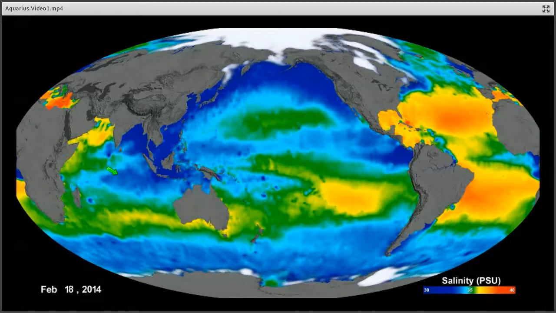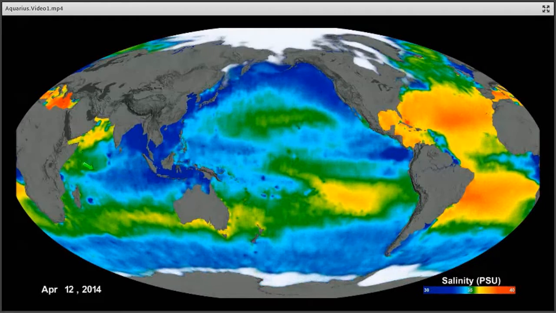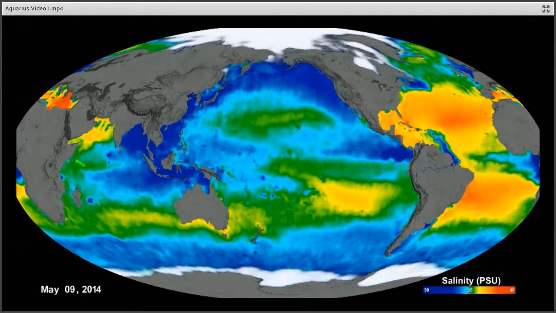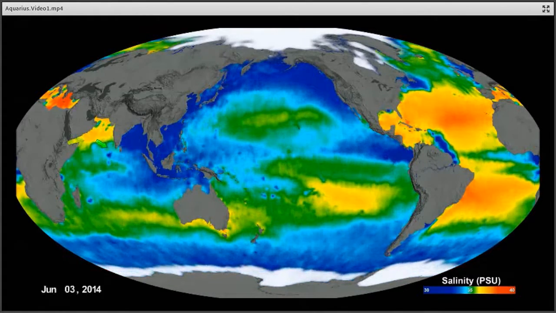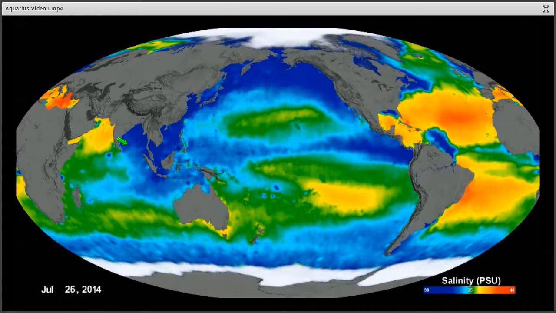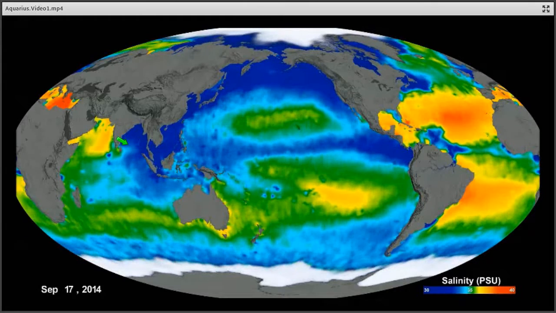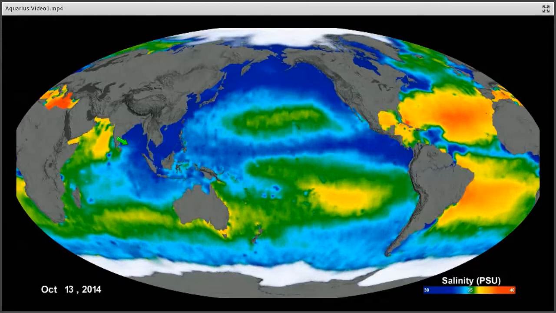And also during the summer monsoon, the wind that goes this way carries the moisture from the west into the east, and some of those rains are dumped into the Bay of Bengal, so it makes the Bay of Bengal even lower in salinity.